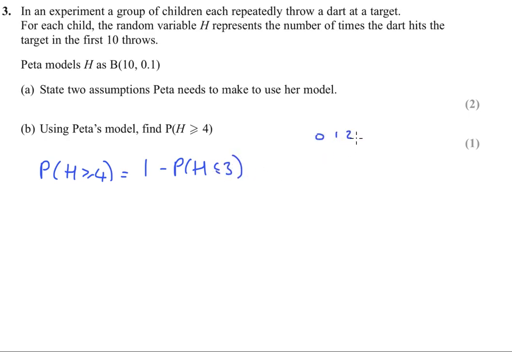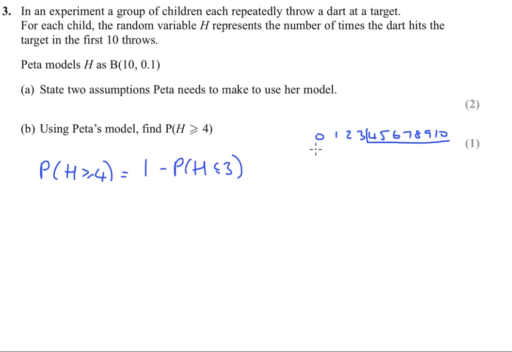If we're working out the probability that one of these things happens, the things that can't happen are 0, 1, 2, or 3. So we're going to work that out and take it off 1.